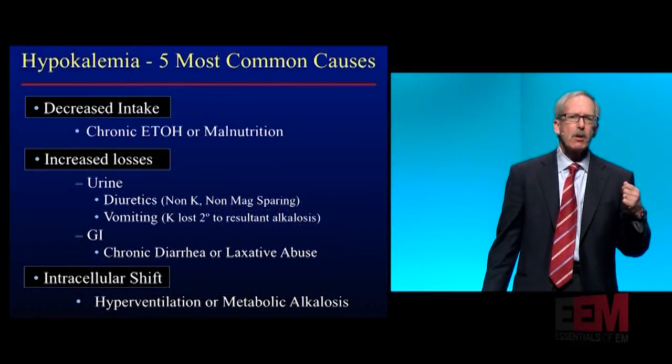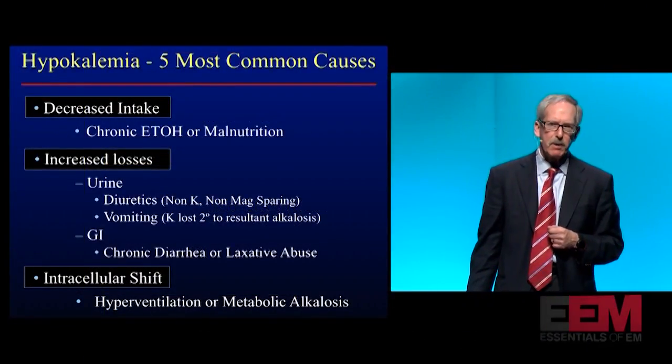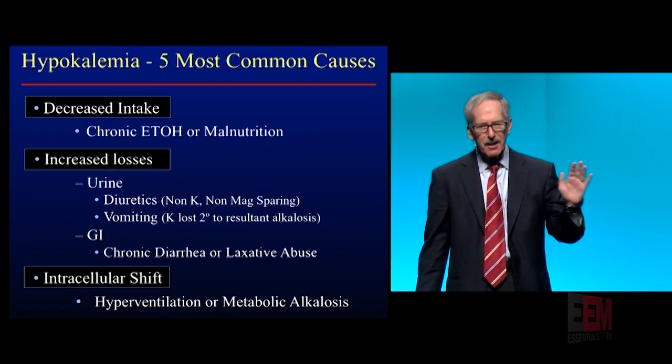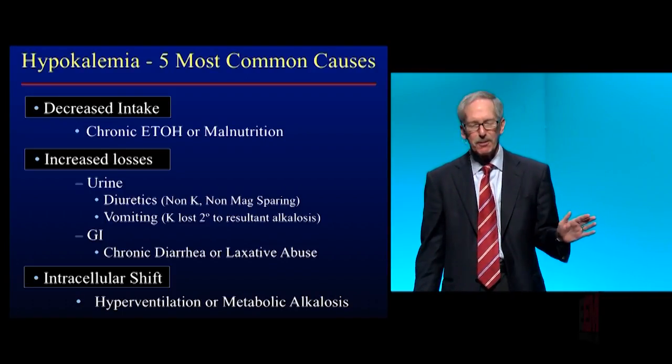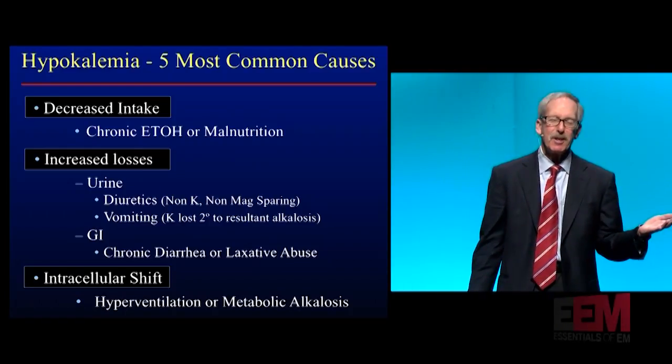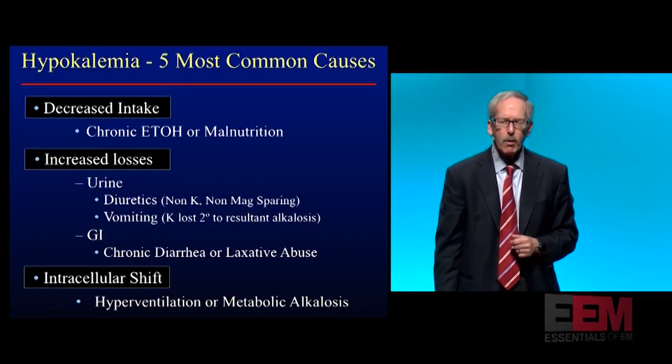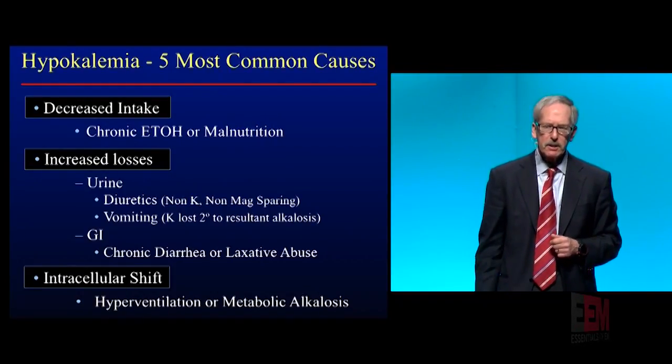It may be from chronic diarrhea or laxative abuse. I am not against drug use. Chronic laxative abuse, not so much. I've never seen the beauty in it. And then finally, an intracellular shift, either due to hyperventilation or metabolic alkalosis.